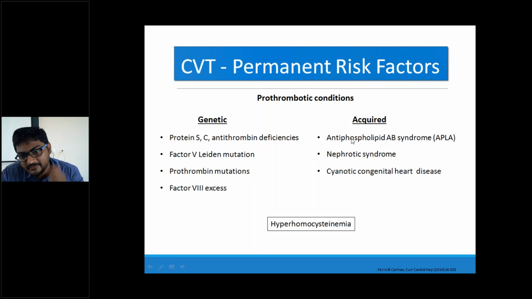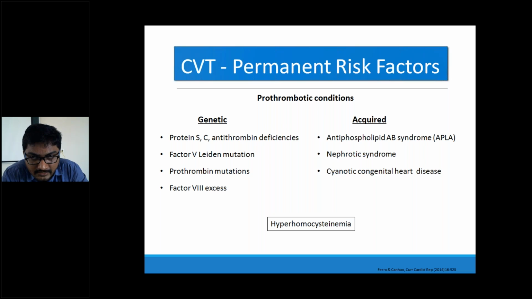So these are the permanent risk factors, and these are the most common causes of stroke in the young, right? Causes of stroke in young. See, genetic causes: protein C deficiency, protein S deficiency, antithrombin deficiency. What is the mutation? Can anyone tell me the mutation of this?